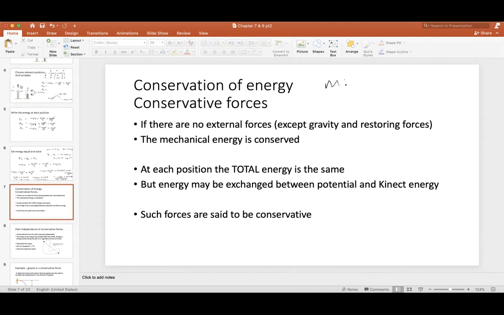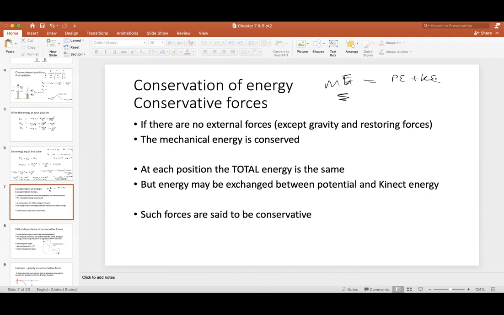And that's because the mechanical energy, which let's write it ME, is the potential energy plus the kinetic energy, okay? And that's always a constant value. So if the kinetic energy changes, the potential energy changes. You lose some kinetic energy, it becomes potential energy. You lose some potential energy, it becomes kinetic energy. That's how gravity and restoring forces work.